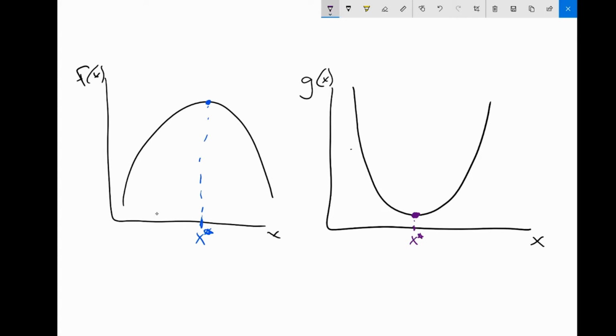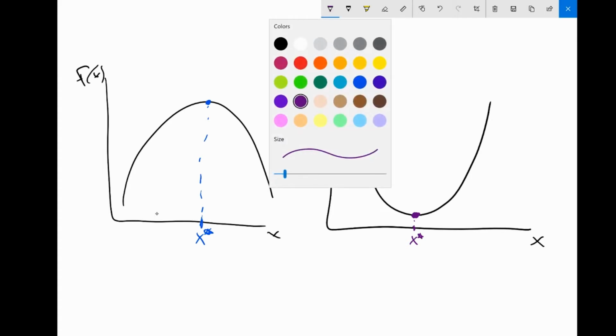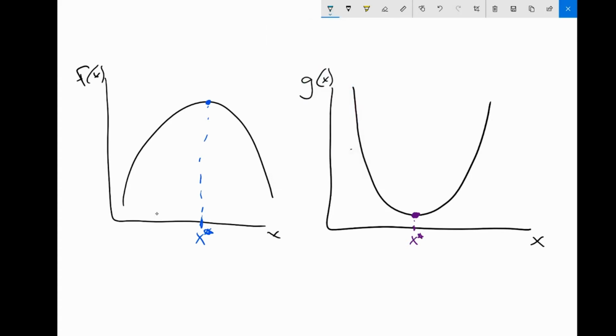Now, what is the slope at this point? Well, we know that f prime of x equals 0. What is the slope here? Here we know that g prime of x equals 0. Now we have a bit of a problem.